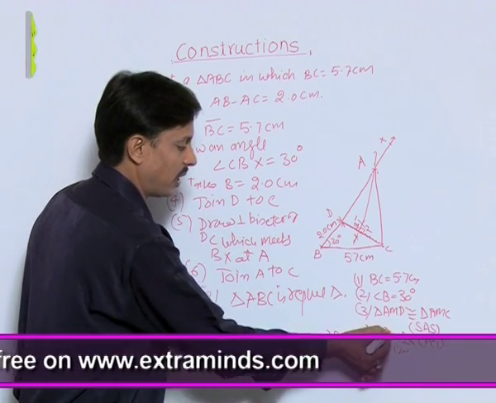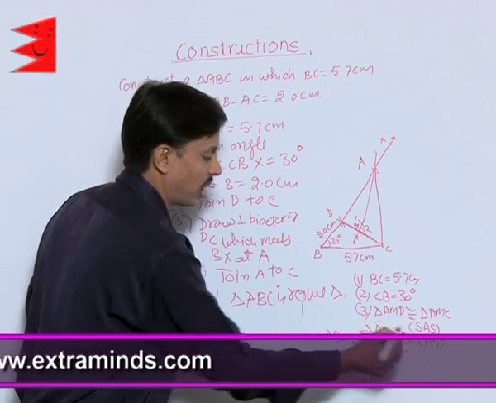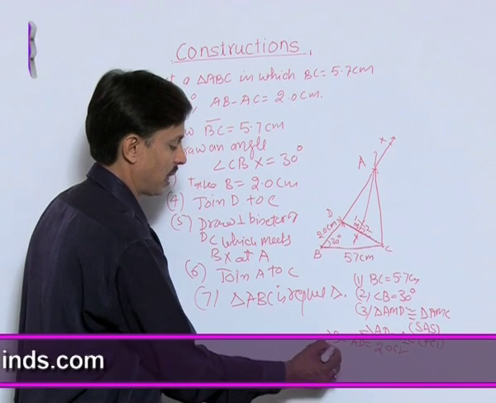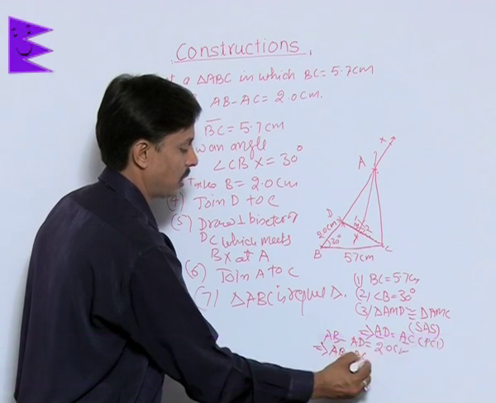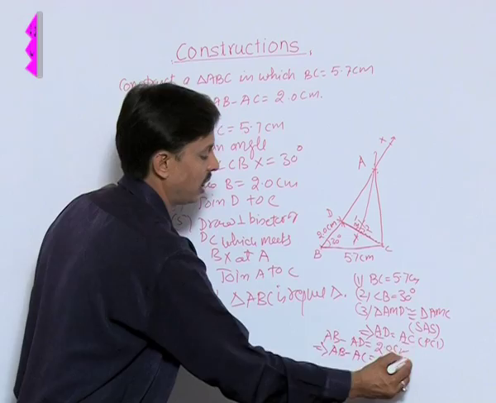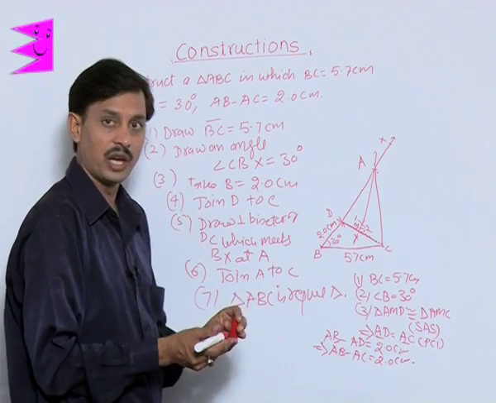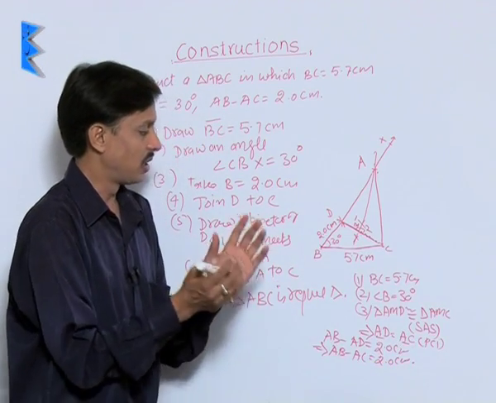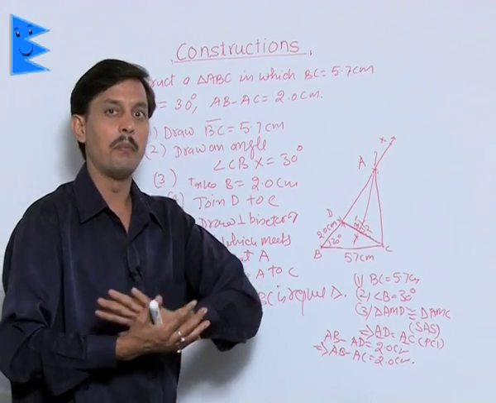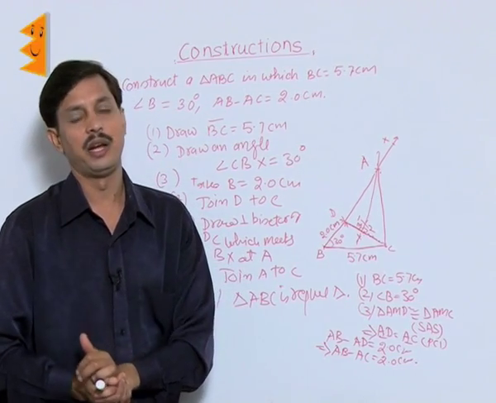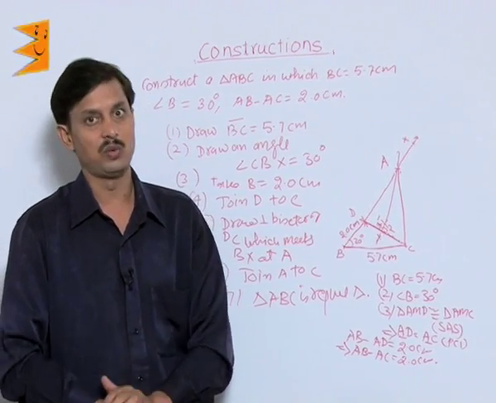In place of AD, I can easily replace AC. So this implies AB minus AC is 2 centimeter. This is the logic, the reason for how to construct a triangle if the base, one of the base angles and the difference of lengths of the other two sides is given.